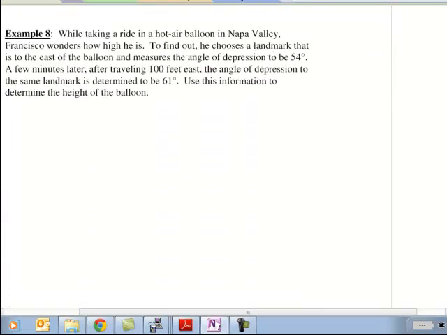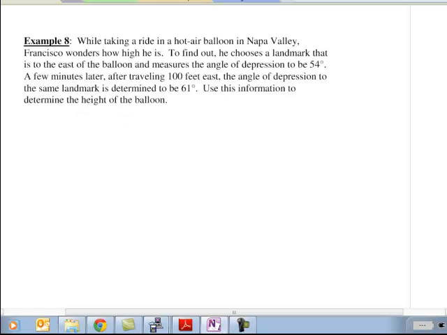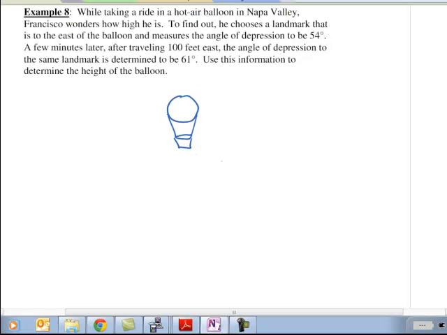Okay, one more problem, and this one's definitely the trickiest one. So we've got this person in a hot air balloon who wants to figure out how high he is. Let's say here's our hot air balloon. Don't know the height.